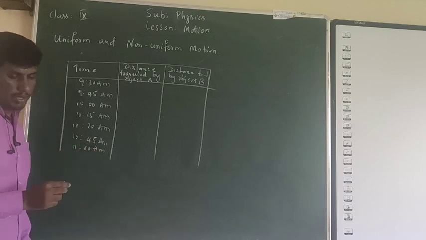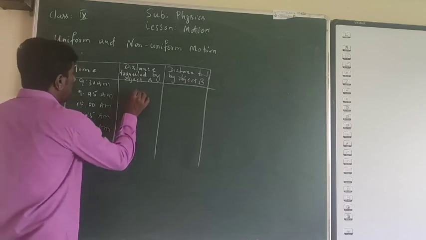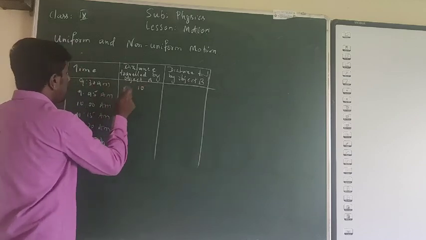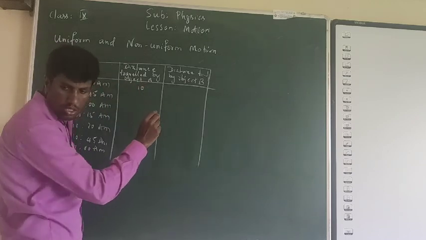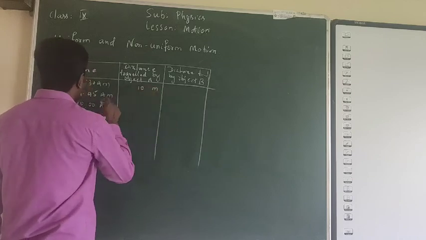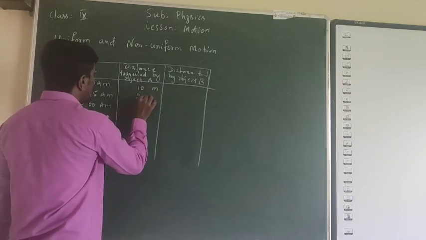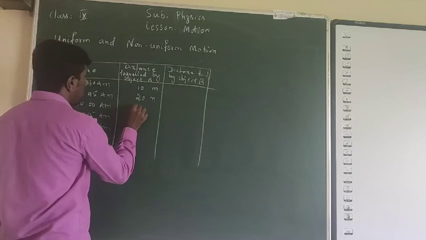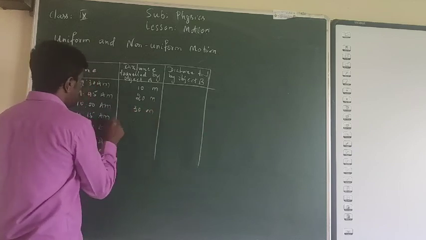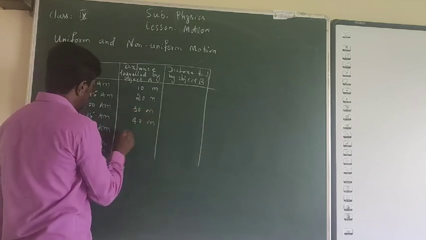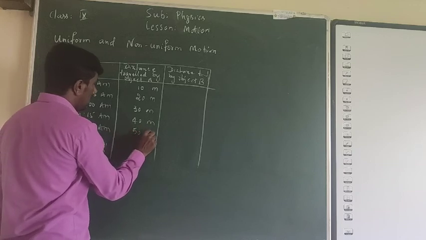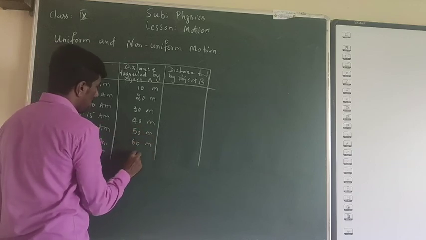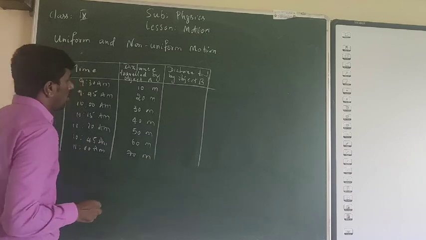The distance traveled by object A at 9:30 is 10 meter. Let me denote as meter. At 9:45 is 20 meter. At 10 o'clock is 30 meter. Then 40 meter, 50 meter, 60 meter, and then 70 meter. Okay.